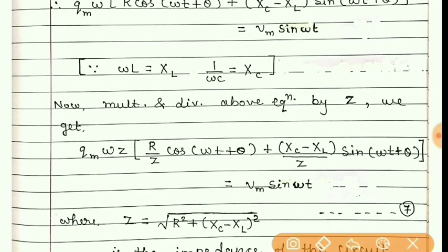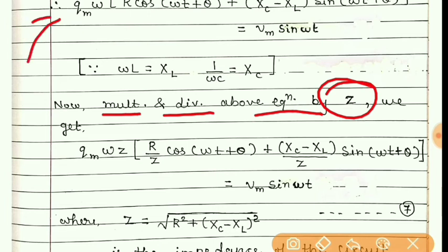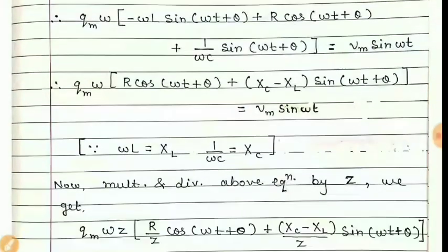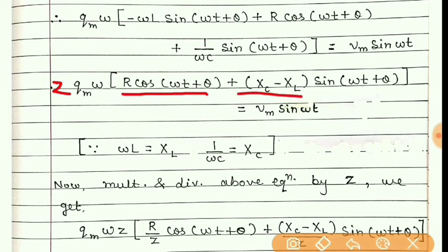Now multiplying and dividing the above equation by impedance Z. This equation is multiplied and divided by impedance Z. So you can see here on the left hand side Z is multiplied here, as well as we have to divide it. So what we did, multiplied Z here and divided that Z in all the terms.